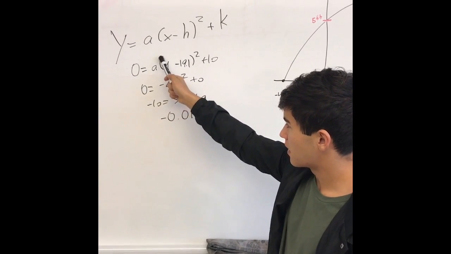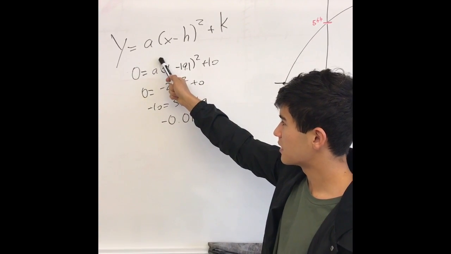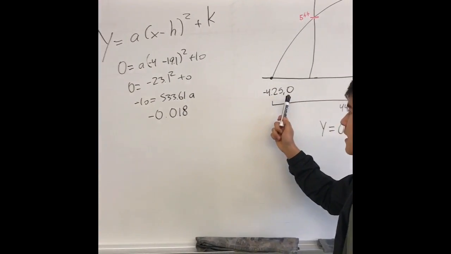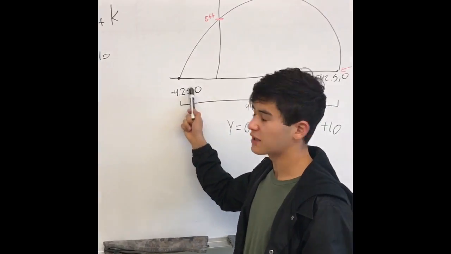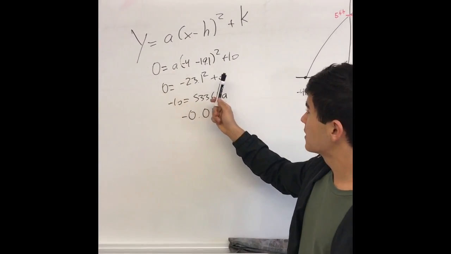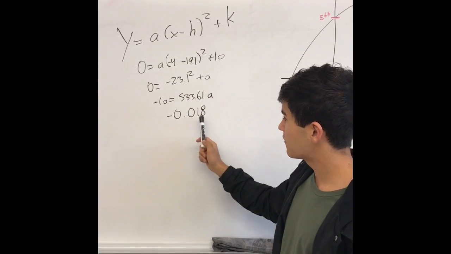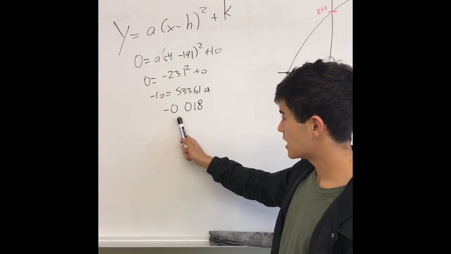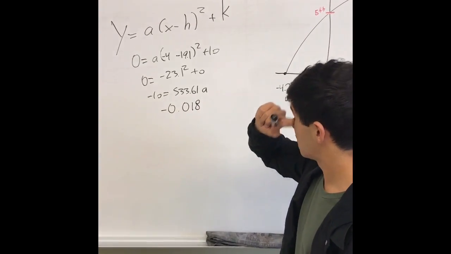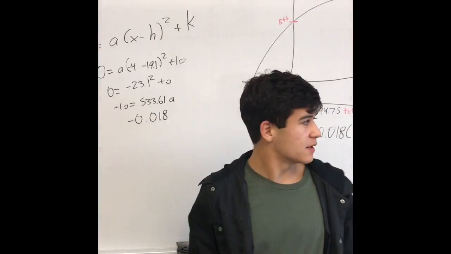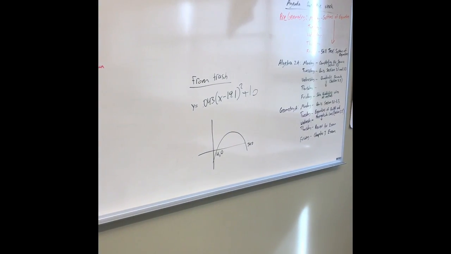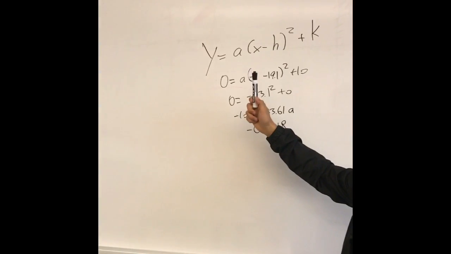We got this from negative 4 because that's where our assumed distance was, even though they ended up changing it to make it correct, and because this was just an estimate. And then we plugged in, simplified it, and got a equals negative 0.018.